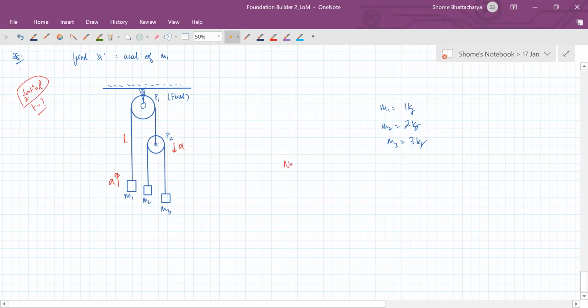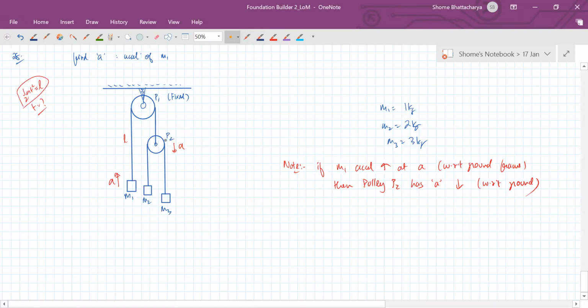So first thing, if M1 accelerates upwards at A with respect to the ground frame, then the pulley P2 has acceleration A downwards, again with respect to the ground. That's one thing.